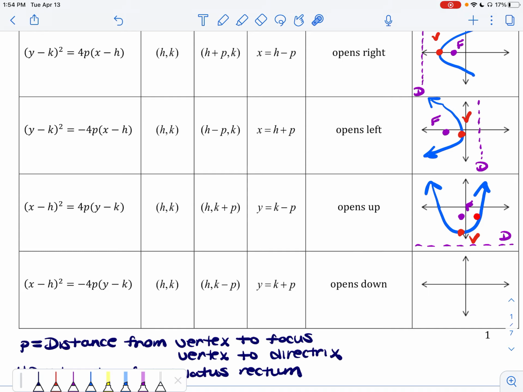Again, the latus rectum would be the distance across the parabola at the focus. And then lastly, an x squared with a negative 4p is going to open down. So the vertex would be our maximum. The focus is going to sit below the vertex, and the directrix line is going to be above the vertex, perpendicular to our axis of symmetry that goes right down the middle.